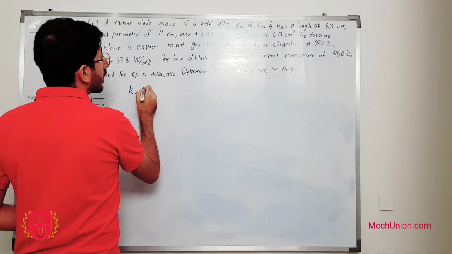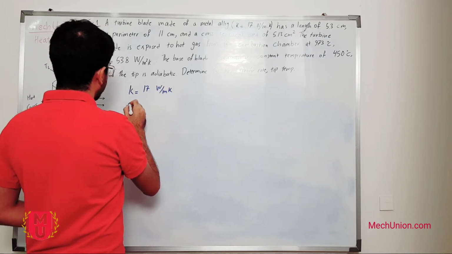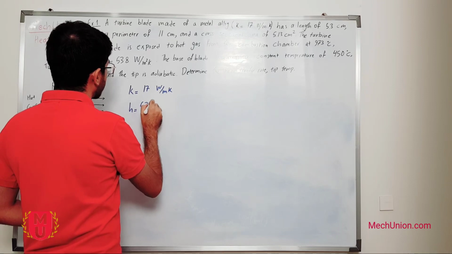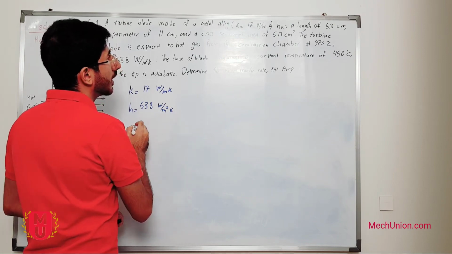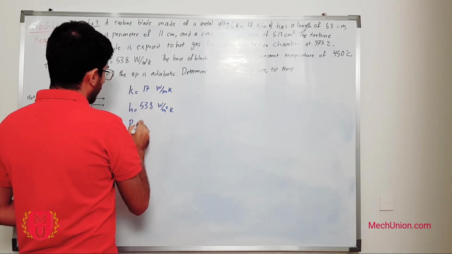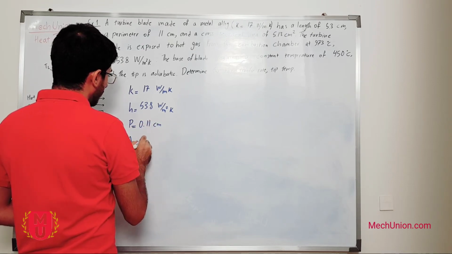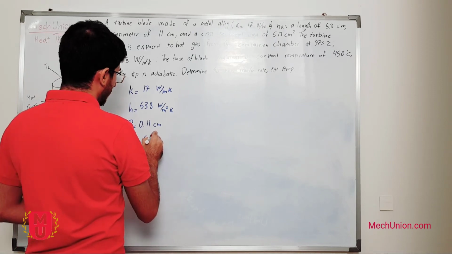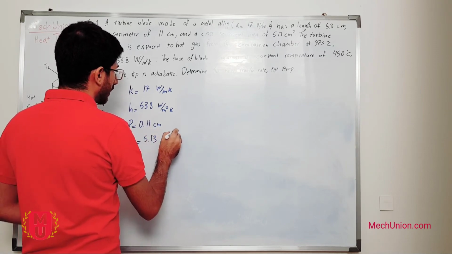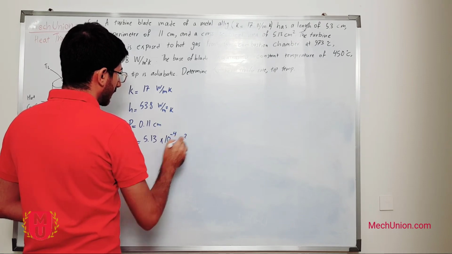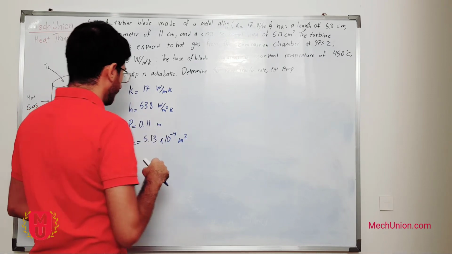K equals 17 watt over m Kelvin and h is 538 watt over square meters K, and perimeter is 0.11 meters and Ac equals 5.13 times 10 to the minus 4 square meters. This is also in meters.